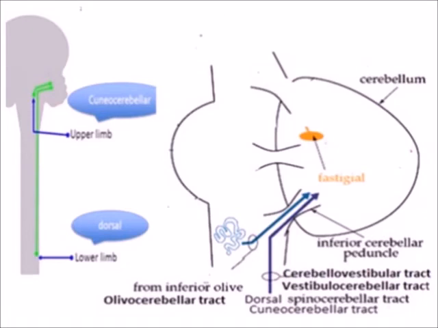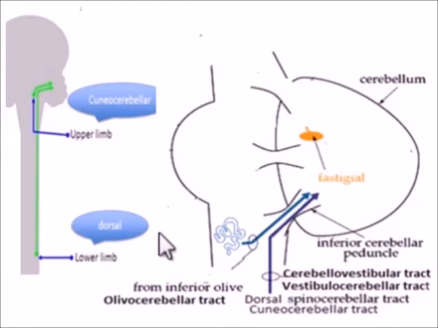Now if I summarize here, I said that the dorsal spinocerebellar tract that comes from the lower part of the trunk and lower limbs carries proprioception, that is, it carries the information about the tension, length, pressure, stretch of muscles, as well as the position of joints.